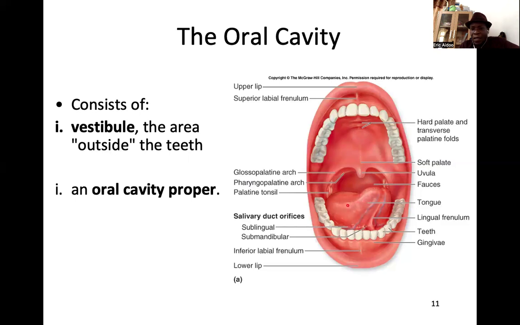So in the tongue, you have most of the muscles with the name glossus, okay? You have this arch, the pharyngopalatine arch, and then the glossopalatine arch. Then the uvula is what stands in the midline and divides the oral cavity into a left and a right portion. Okay.